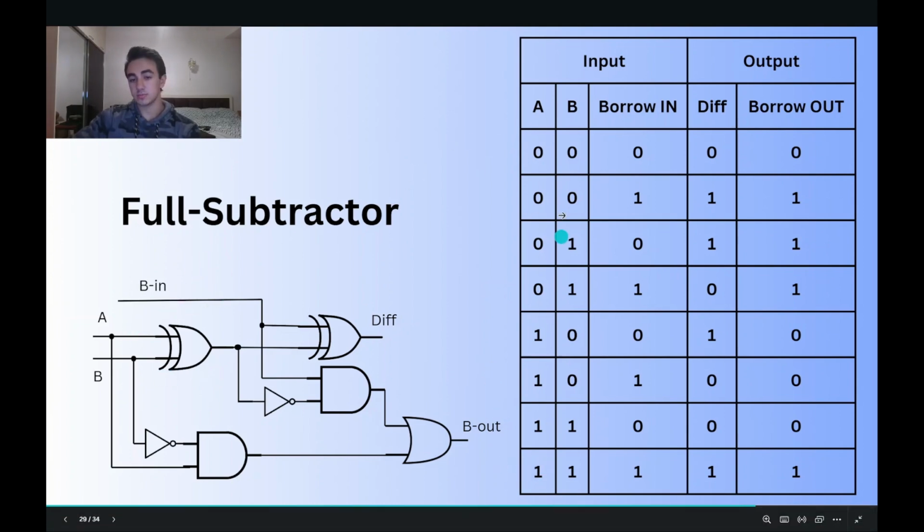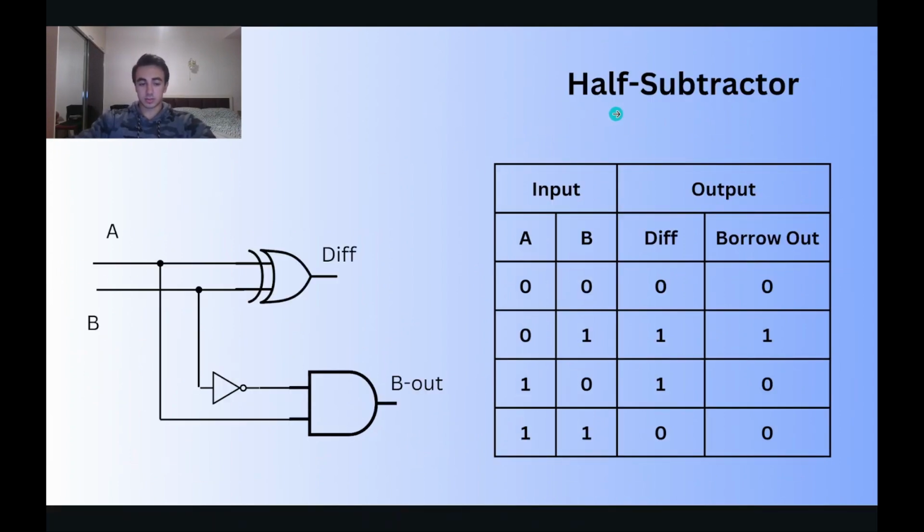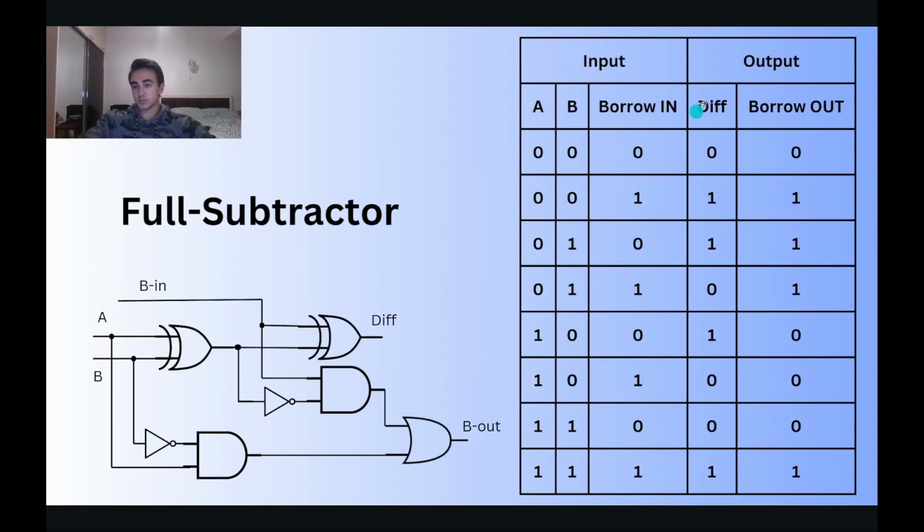In this case, A is being subtracted from, and this wire should be connected to A, not B. So what we get here was a half subtractor, because it doesn't take into account the borrow that we get from the previous operation.